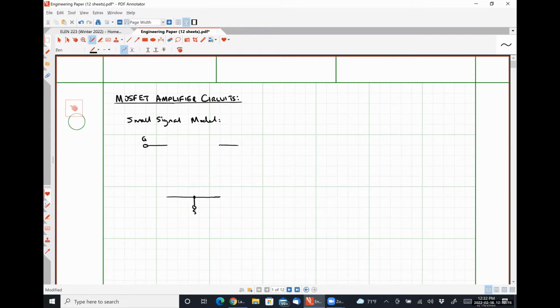Well, for a MOSFET, we have the gate source capacitance, which has an impedance of infinity. So effectively, we treat the element between the gate and the source as an open circuit over which a small signal voltage, VGS, appears. Okay?